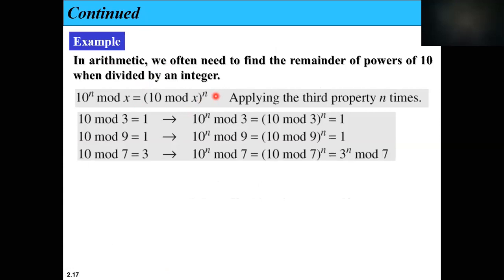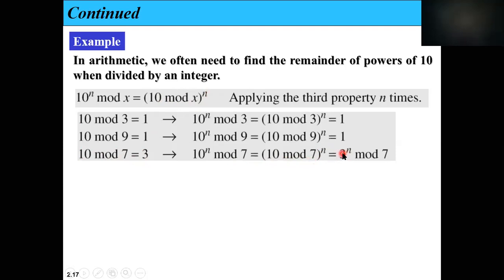This gives you a property which is very helpful while you are discussing high powers of modular classes, like 10 power n mod x can also be calculated as 10 mod x as a whole to the power n. If 10 mod 7 is 3, then it is the same as calculating (10 mod 7) to the power n.